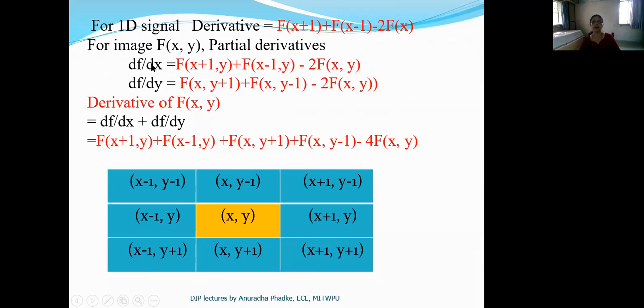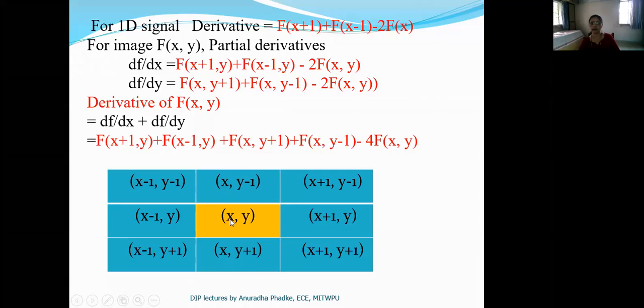Now similarly, for an image signal, we can consider variation in the vertical direction. Now, when we consider this vertical direction, the column number is fixed, it remains constant.